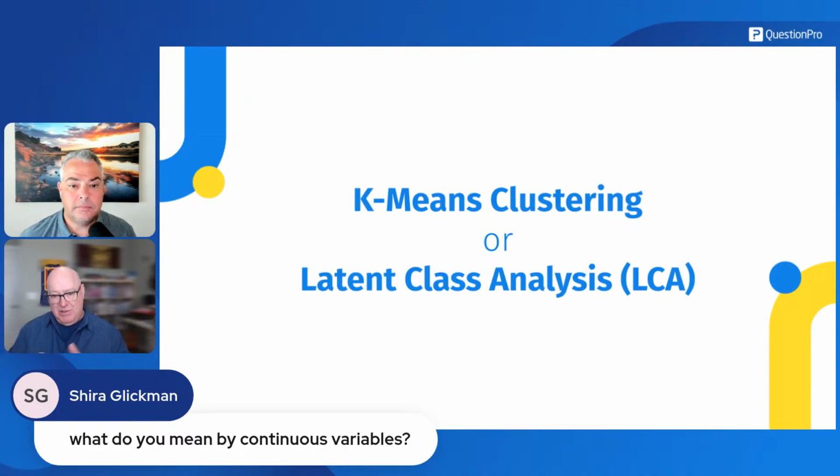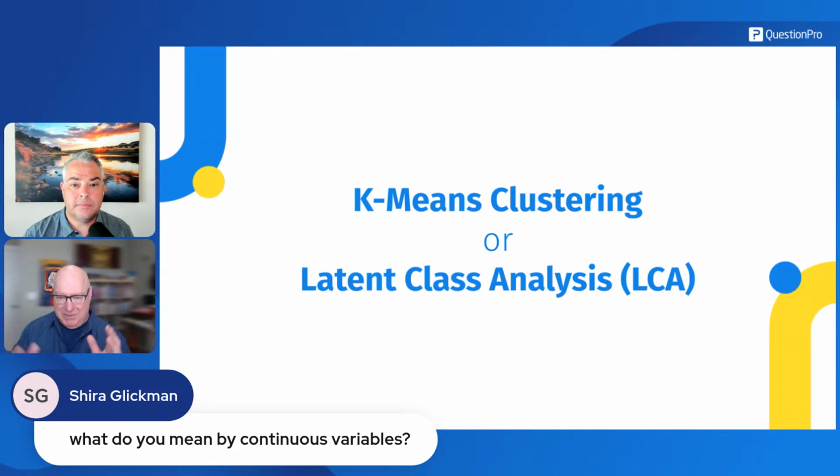Now, we rarely have continuous variables in market research. We have 1 to 5, where only the integers 1 to 5 are possible, and that has different mathematical properties, which k-means isn't perfect for. It can be used.